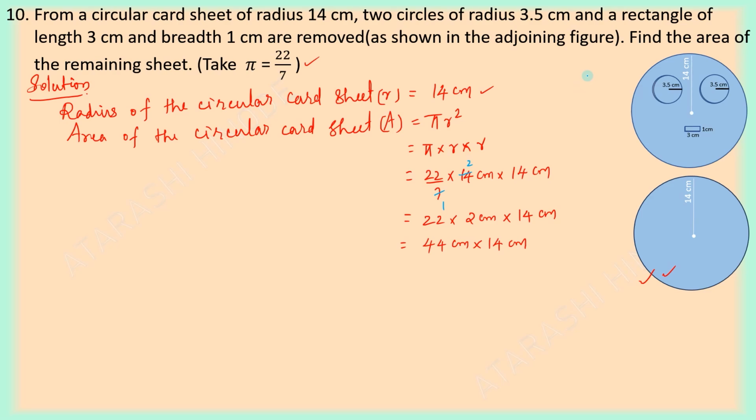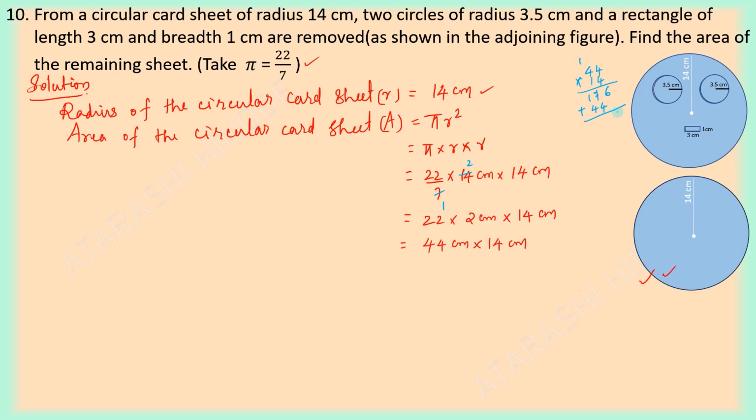Now let us multiply 44 into 14. 4 fours are 16. Again 4 fours are 16. 16 plus 1, 17. 1 fours are 4. 1 fours are 4.